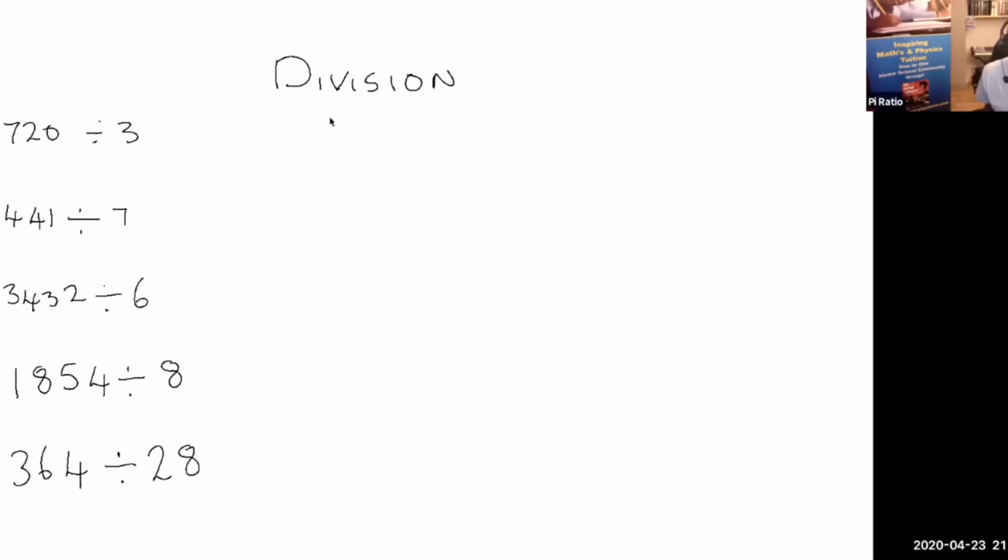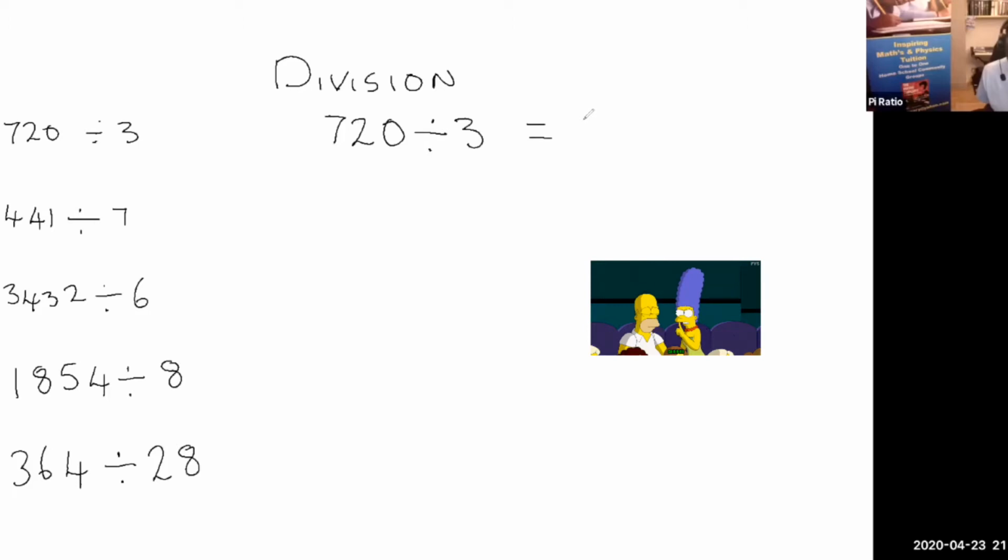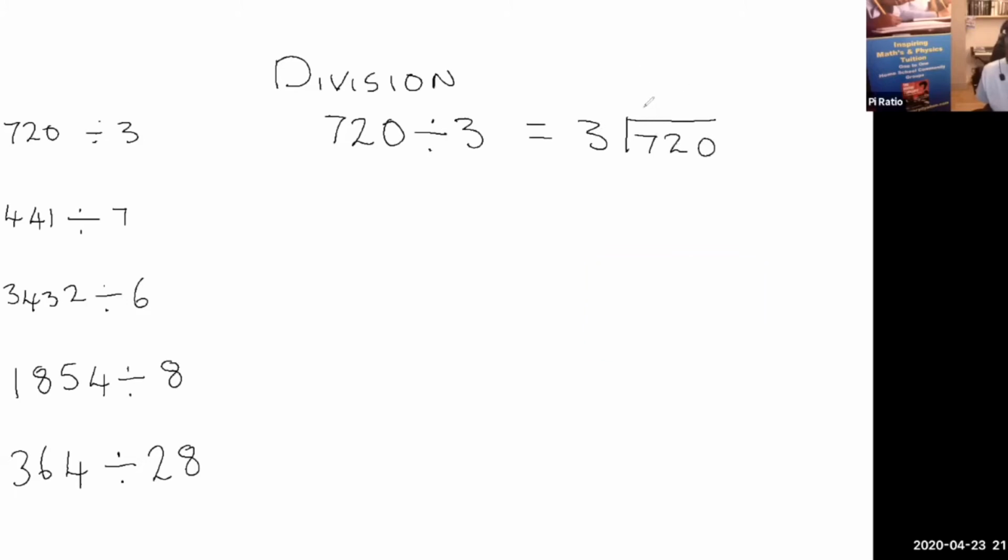So we're going to have 720 divided by 3. In the brackets, you will have 720. 3 into 7 goes 2. 2 times 3 is 6. That leaves you with 1.